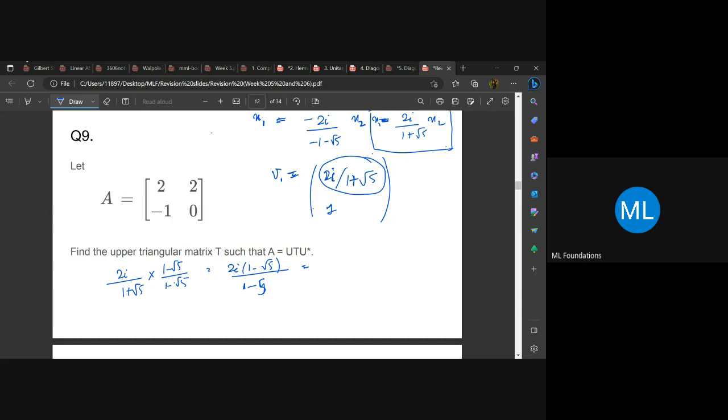So you get i into 1 minus root 5 and minus 2. So v1 comes out to be minus i, 1 minus root 5 by 2, and 1. Now find what is the norm of v1. We'll just do it here.